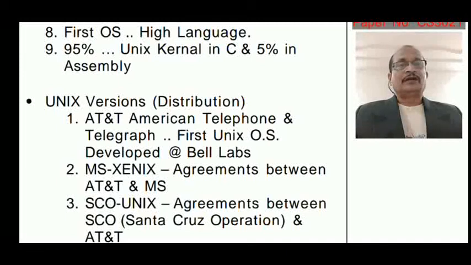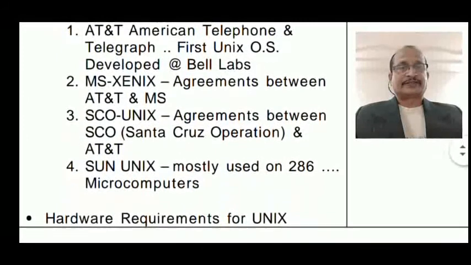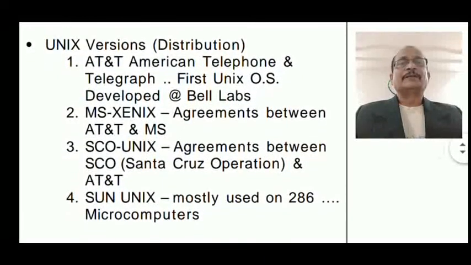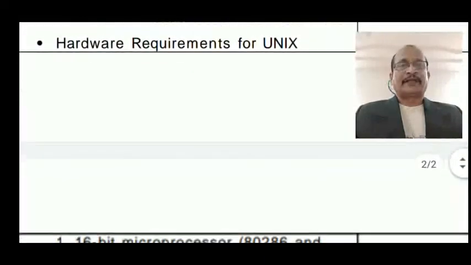Then the next version, which was mostly used on 286 microcomputers or above, that is 286, 386, 486, Pentium, and so on, is Sun Unix. These are the distributions or the various versions of the Unix operating system.